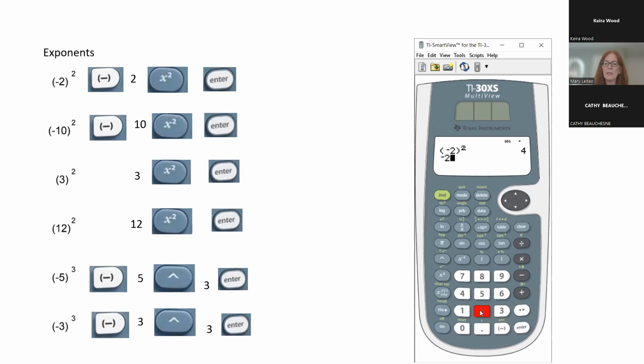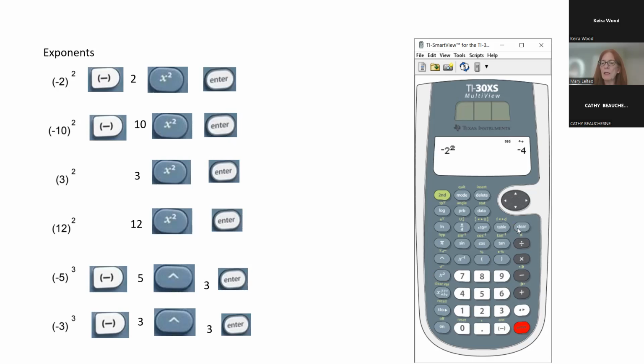A shortcut would be -2 without the parentheses. Squaring it will give you... Okay, so what did I do wrong? I did not use parentheses, and it's thinking that I want this answer, 2 squared, to be negative.